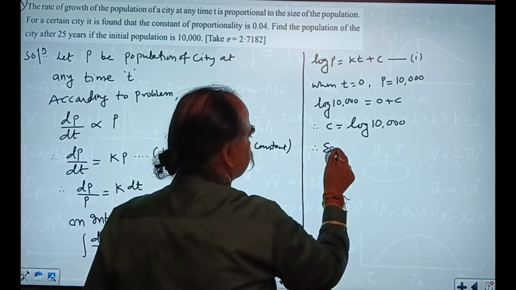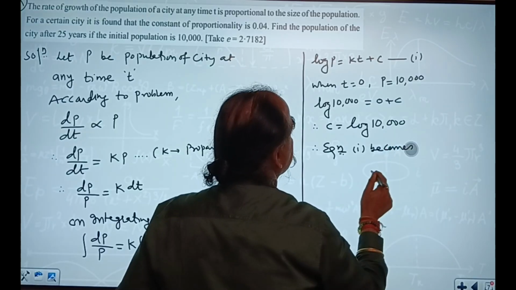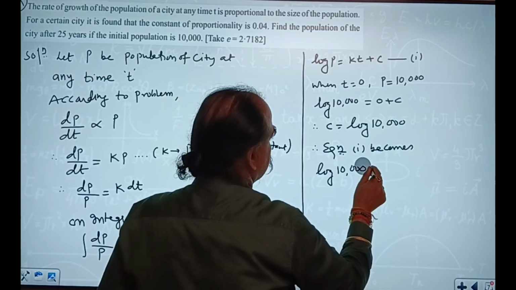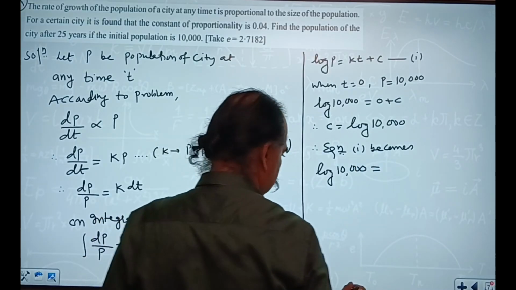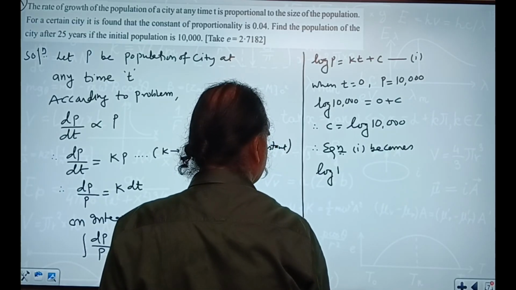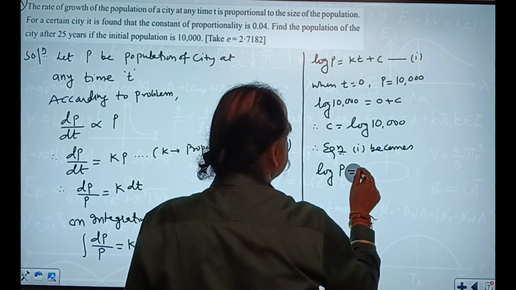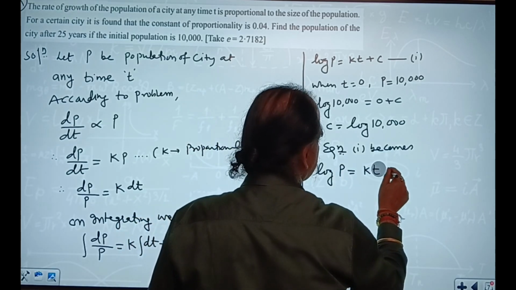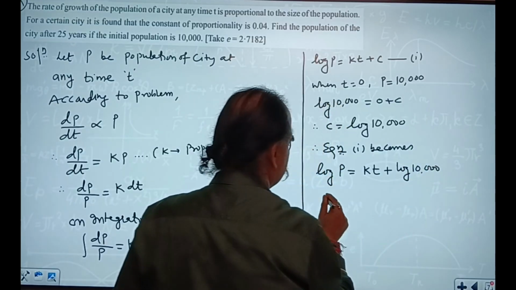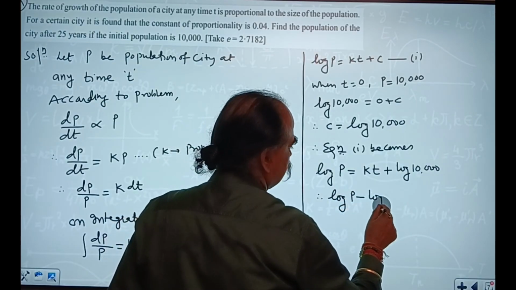Therefore, equation 1 becomes log P is equal to kt plus log 10,000. So log P minus log 10,000 is kt.